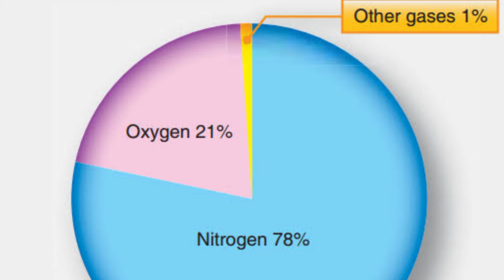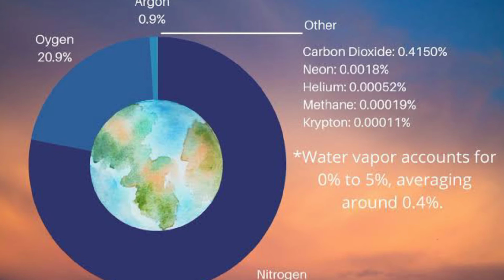Now, the dry composition of the atmosphere is mostly nitrogen and oxygen. It also contains fractional amounts of argon and carbon dioxide, and other trace amounts of other gases, such as helium, neon, methane, krypton, and hydrogen. The most abundant naturally occurring gas is nitrogen, which makes up 78% of the air. Oxygen makes up 21%.